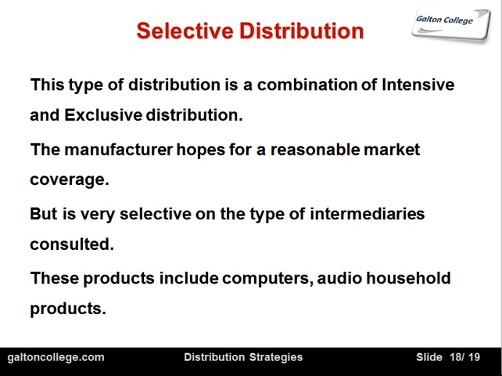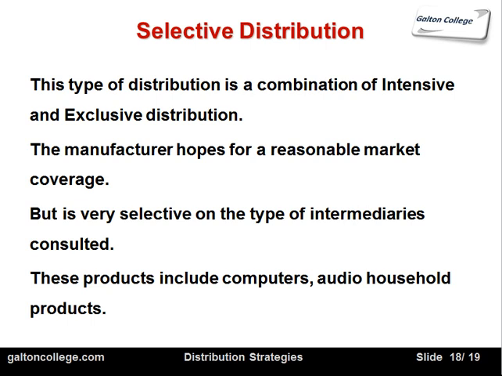So it's intensive because it's much more widespread than the exclusive, but it also has some element of branding. So if you go to buy a computer, you look for a particular brand. You would look for a Dell or a Sony or Toshiba or whatever it is. So you're looking for a particular type of computer.